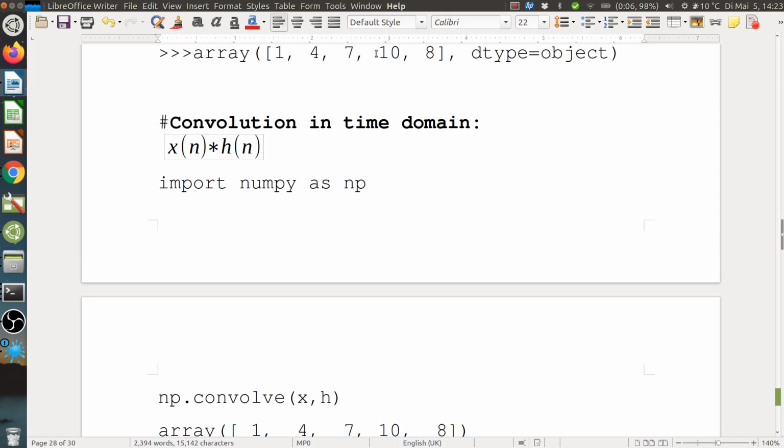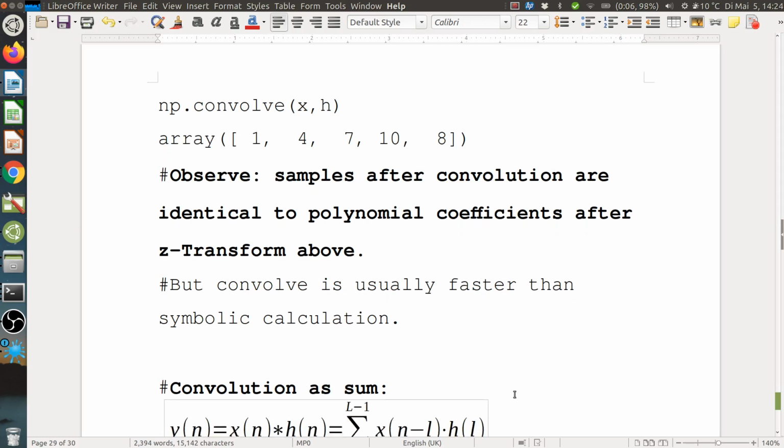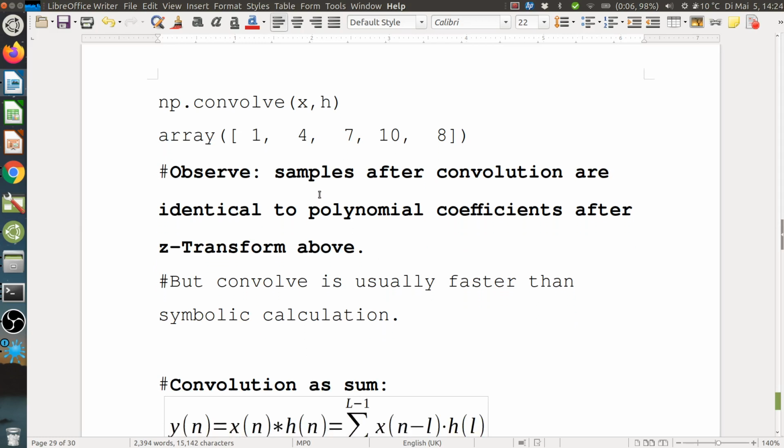So 1, 4, 7, 10, 8 from the inverse z transform, and here 1, 4, 7, 10, 8 for the direct convolution. So the result is indeed identical. So that also shows that polynomial multiplication is the same as taking the coefficients of the polynomial and convolving them.